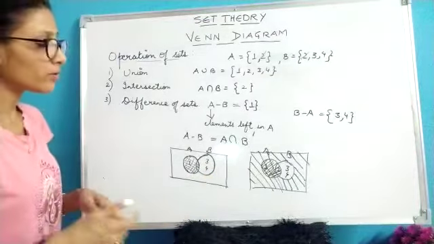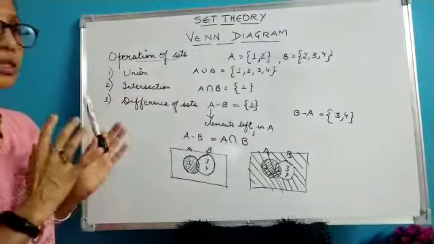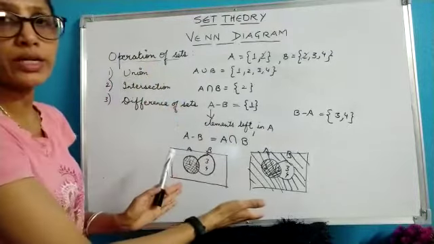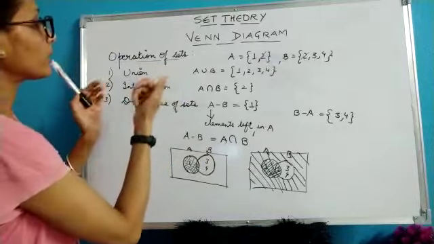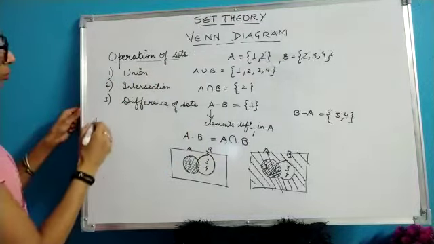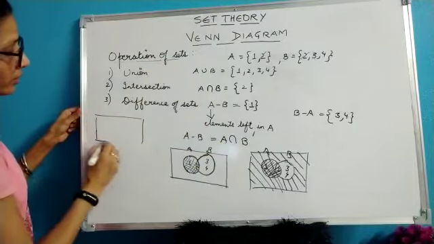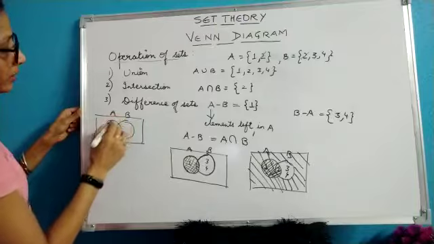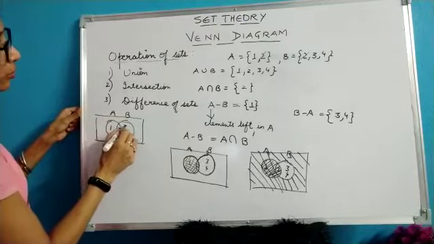Let us see children how we can represent these union, intersection and difference of set. Already I have explained to you. Let's see how we can represent union and intersection. So if I want to represent A union B, this is 1, 2, 3 and 4.